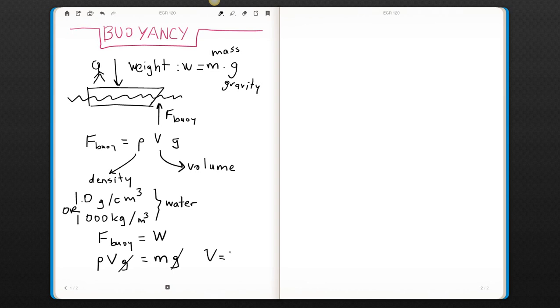Here is actually the dimensions of the boat. So from here you can calculate how much of the boat is in the water, and that's what we call waterline.